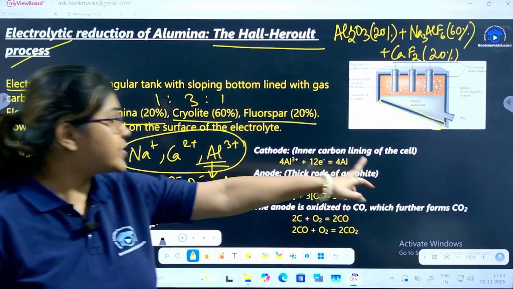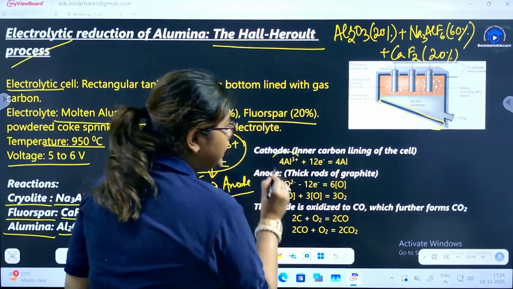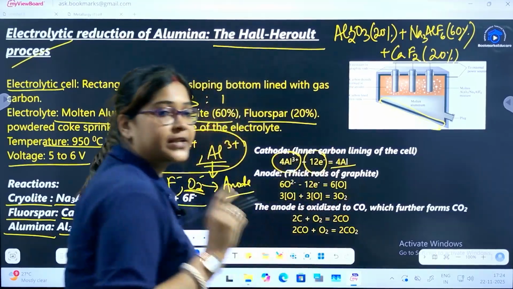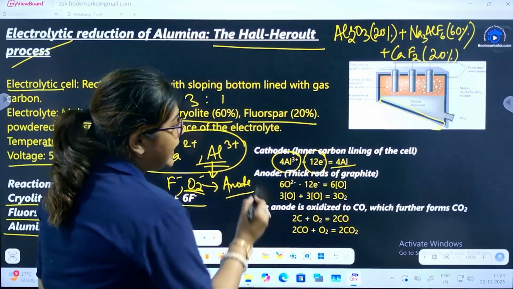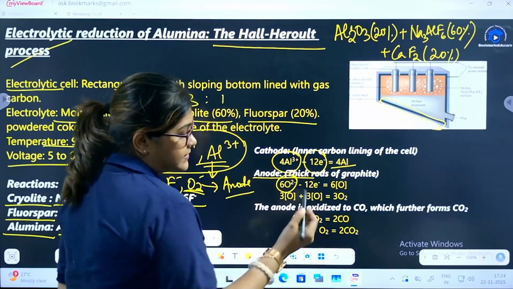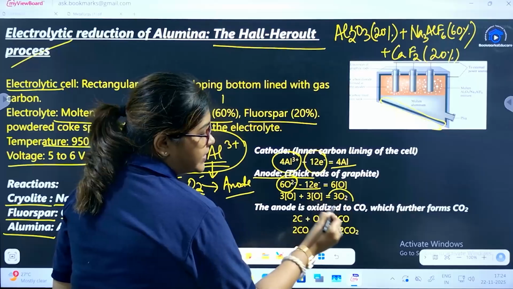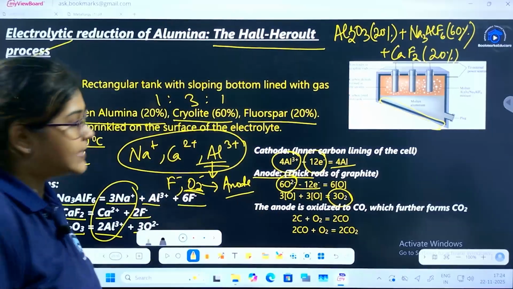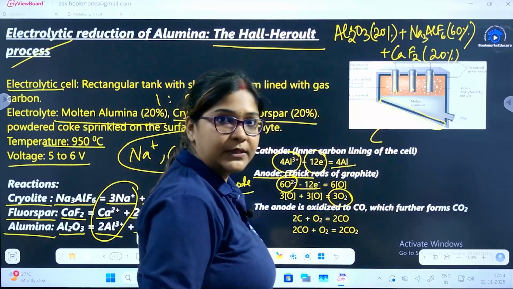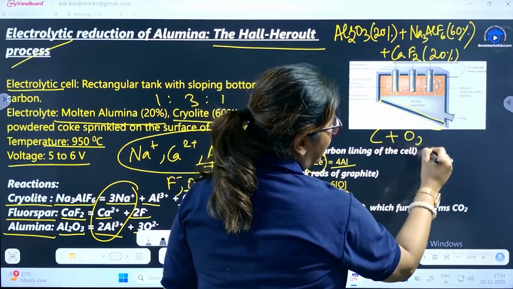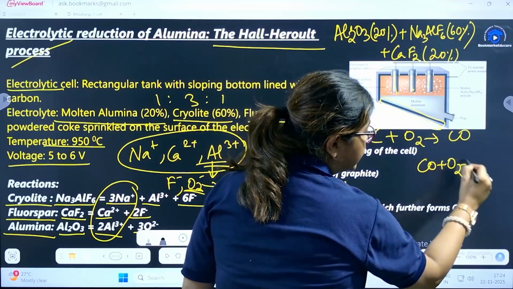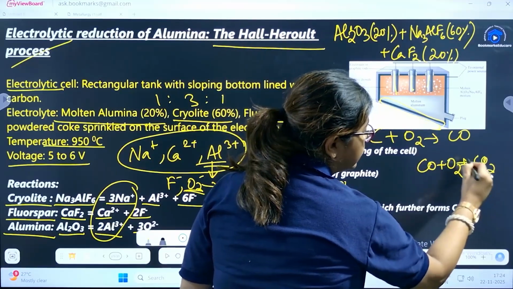So the cathode reaction will be aluminium ion taking up electrons to generate pure aluminium, and in the anode reaction, O2- will go to the anode to generate oxygen gas. Now the anode is graphite, which is nothing but carbon. This will react with oxygen to generate carbon monoxide, which will further react to generate carbon dioxide.